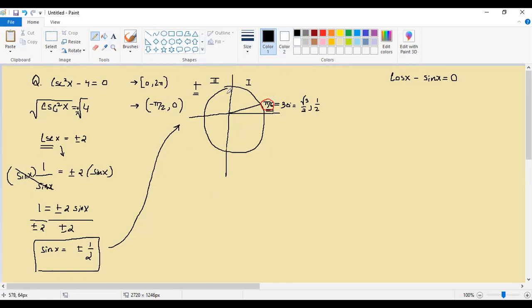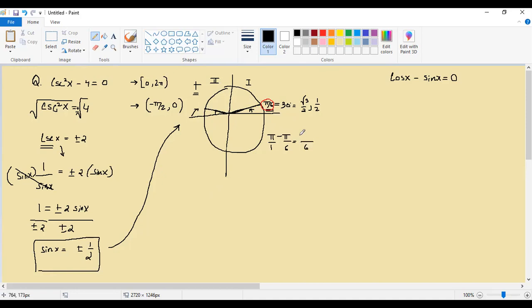Another solution here would, of course, be in the second quadrant. Now, we want to recognize that this is an angle relative to the x-axis. To find the accurate multiple of pi over 6 in quadrant number 2, we just take pi over 6 and subtract it from pi. Because this is pi, and if we subtract pi over 6 that way, we should get the accurate multiple of pi over 6.